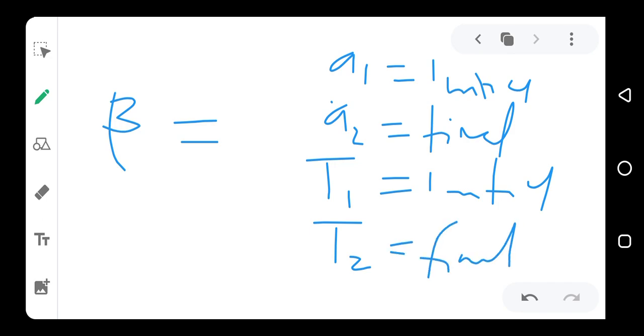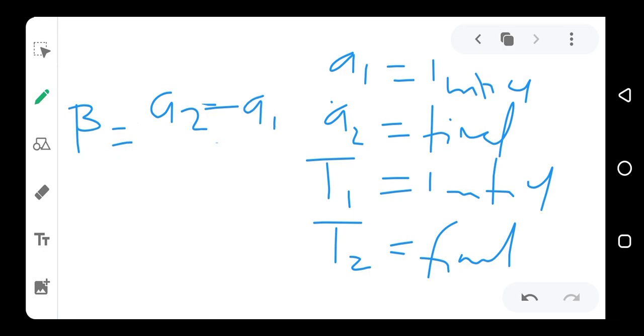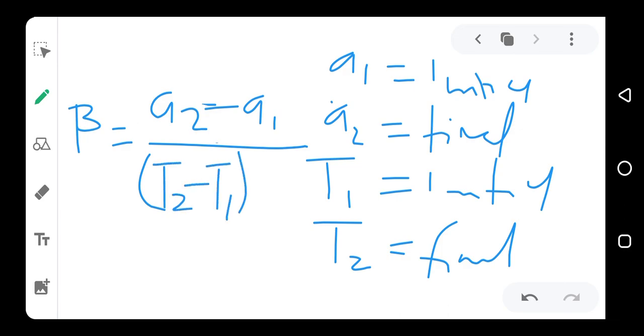Then we are going to have that beta, which is alpha 2, is equal to A2 minus A1, that is final area minus initial area, over brackets final temperature minus initial temperature, then times initial area.